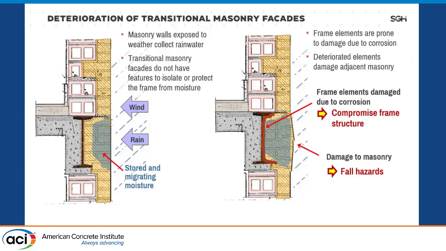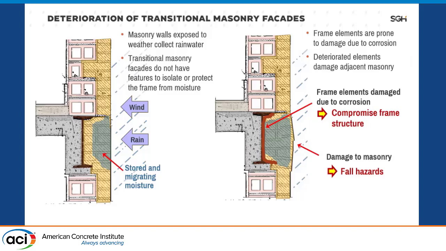And the deterioration of the frame eventually leads to deterioration of the adjacent masonry, which is encasing the frame. What happens is it causes two problems. The first problem, it may be a structural problem because the structural frame is being deteriorated, so that can compromise the structural capacities, the ability to carry gravity loads, for instance, of columns or beams.